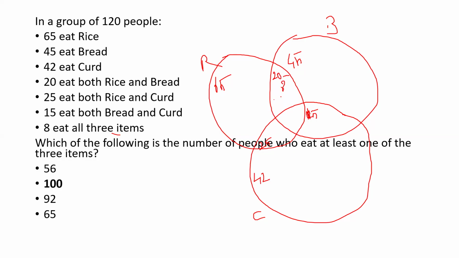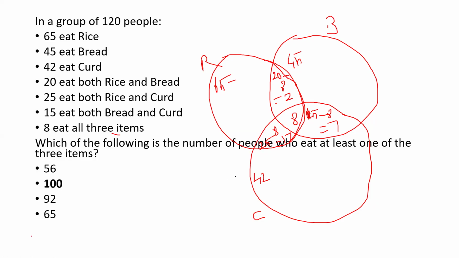Minus 8, what answer? This is 2. Here minus 8, what answer? This is 7. This is 8 actually. This is 25 minus 8, which is 17. Now 65 minus these three things.